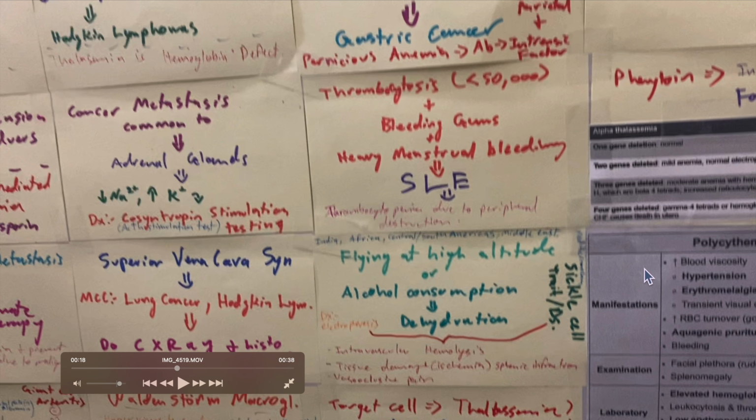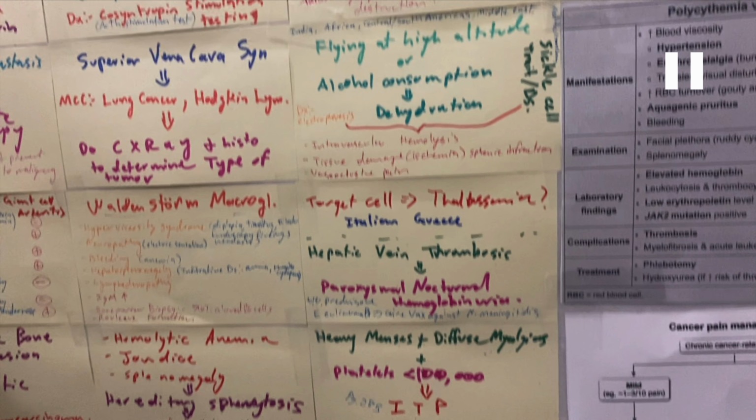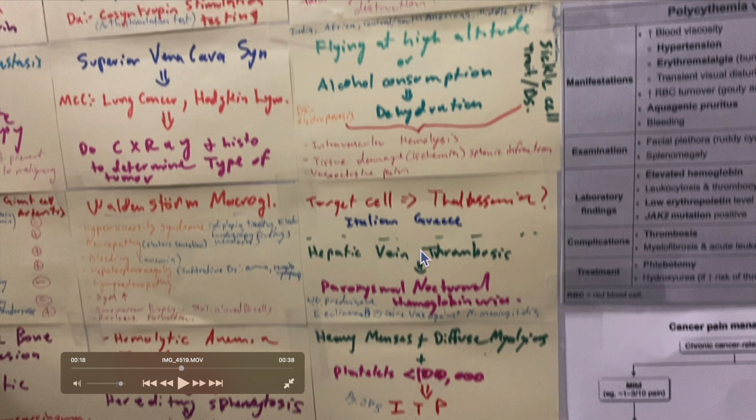It will cause all of these things in sickle cell traits if they're flying at a high altitude or alcohol consumption. Diagnosis here is electrophoresis. It happens in patients from India, Africa, Central and South America, Middle East, or Mediterranean patients. Okay.